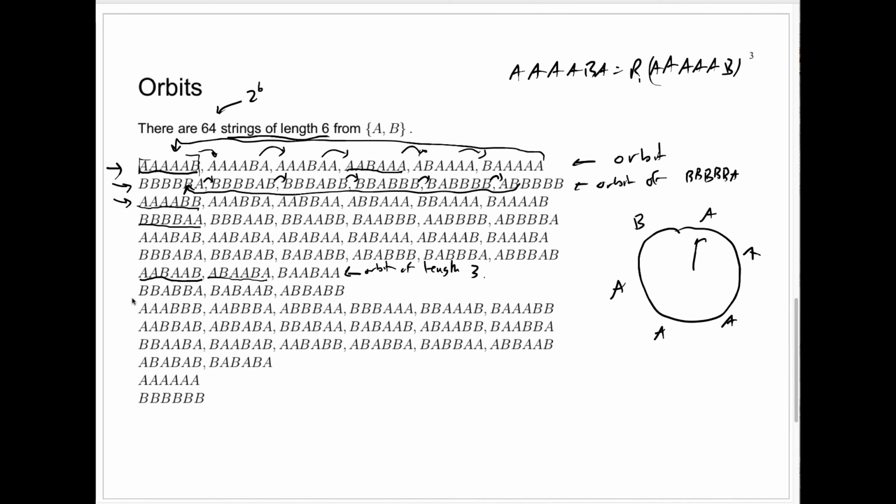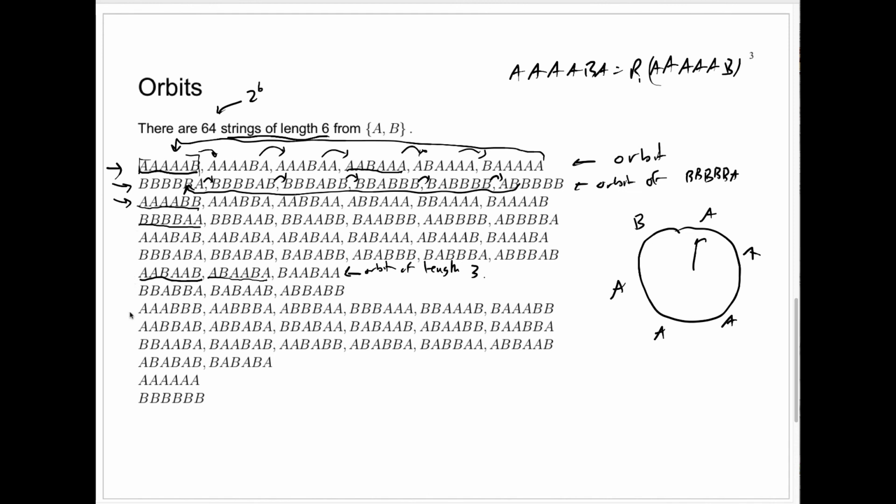And a similar thing is true for BBA, BBA. You'll notice this is just the same string as that with the B's replacing A's and A's replacing B's. So sometimes orbits have length 6, sometimes orbits have length 3.